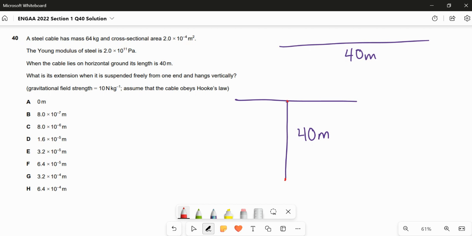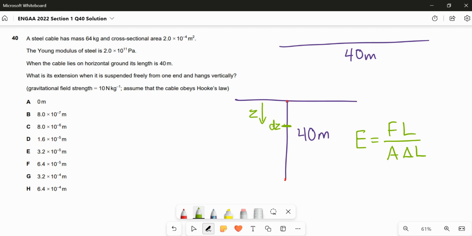So, we could do a really technical thing here that I will show you, but we don't need to use it for this question, given that you're meant to do it in under 90 seconds. But it is a good practice of calculus. So if we looked at a little section here at a depth z, and this was little thickness dz, we know from the Young modulus equation that E equals force times natural length over A times the extension.